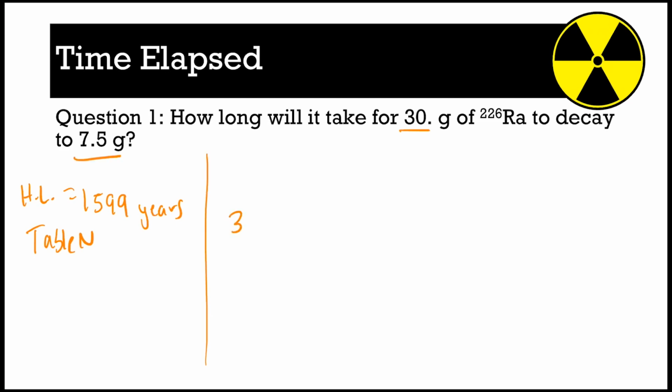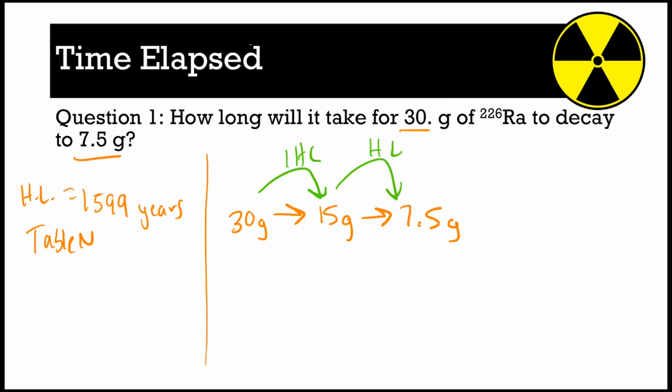So, if you're starting at 30 grams, after one half-life, you're left with only half of it. Half of 30 is 15. And we want to get to 7.5, so we're not there yet. After another half-life, half of 15, you get 7.5 grams. So we can see that one half-life happened, 2 half-lives happened.